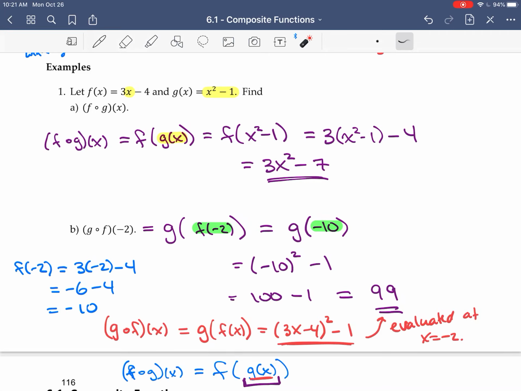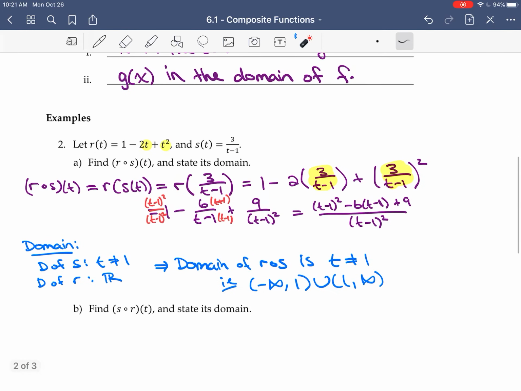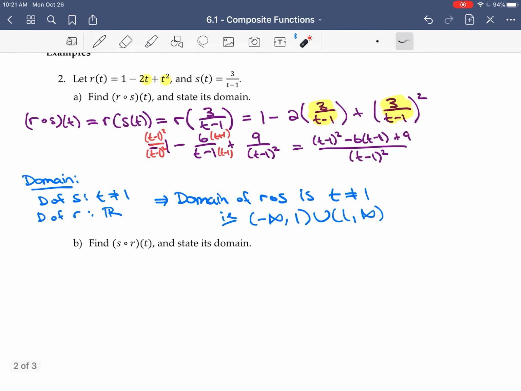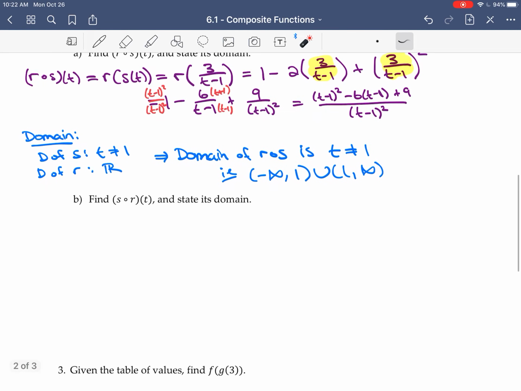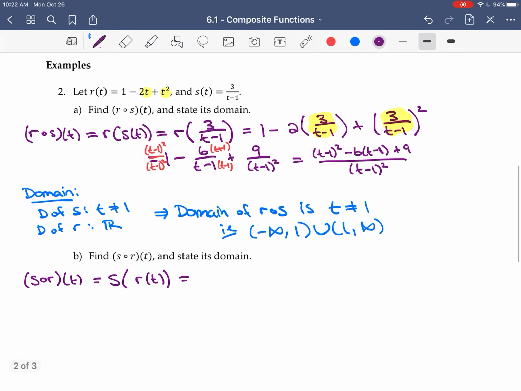Okay, so let's try another one. So here's one for the domain that is actually a little bit harder than the one that we did. Okay, so it's s composed with r of t. So we're going to find that function first. So it's s of r of t. And r of t is a polynomial.